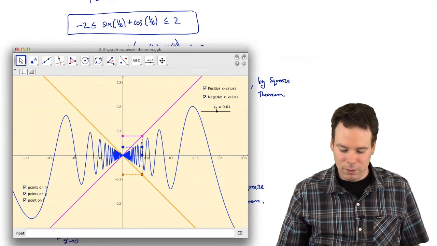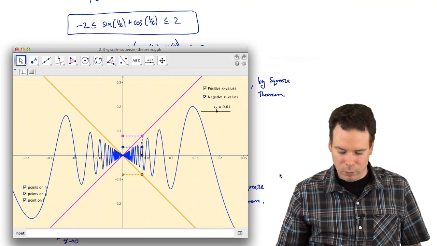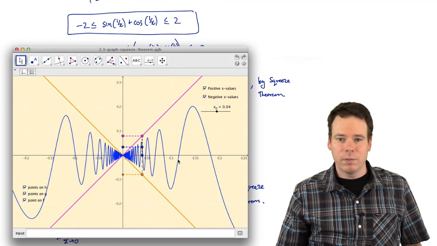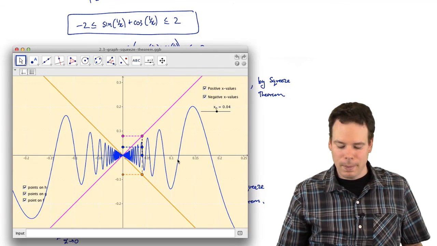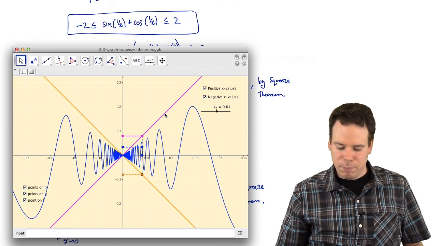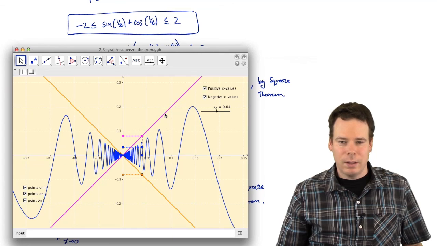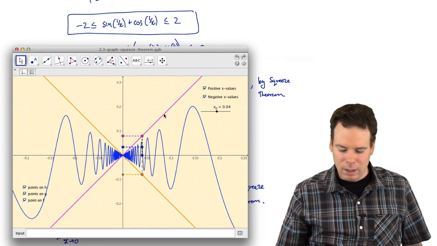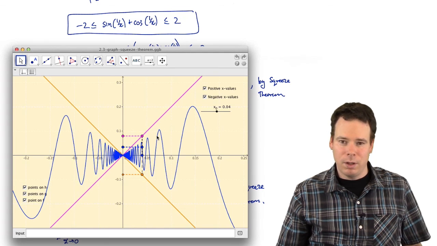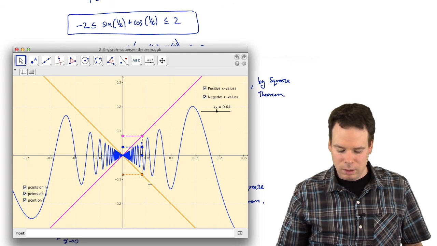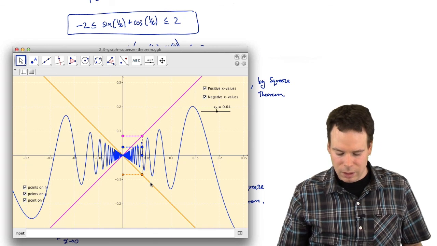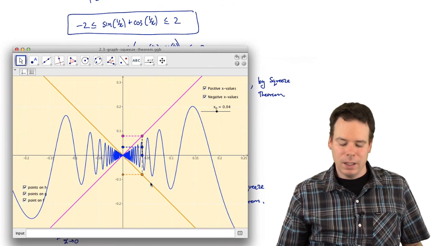Now, if we look at the graph, it should be a little bit more clear about what went on here. So the blue curve is the one we're interested in. I want to know what the limiting value is as x goes to 0. This pink curve is that line y equals 2x. When x is positive, the pink curve is above our function. The orangey, sort of yellowy curve here, that's negative 2x.